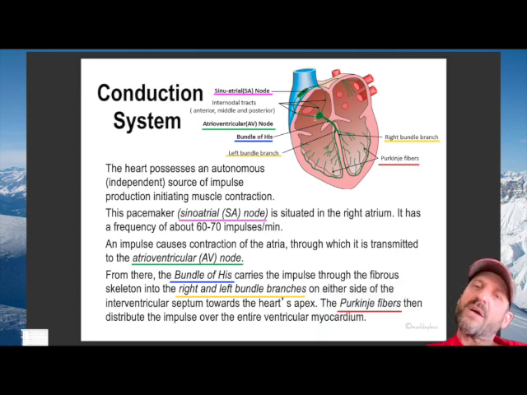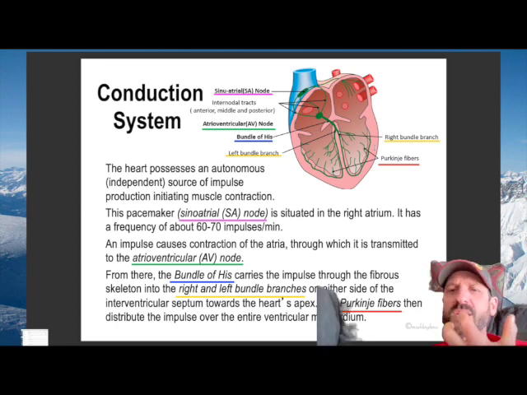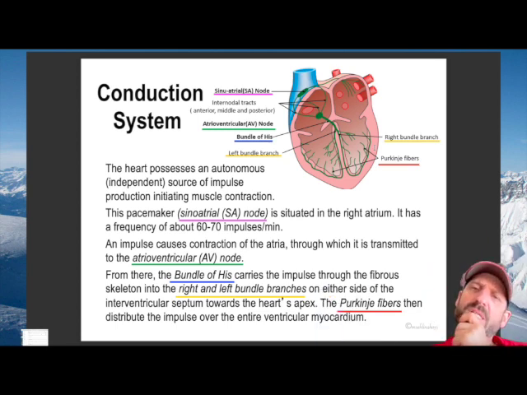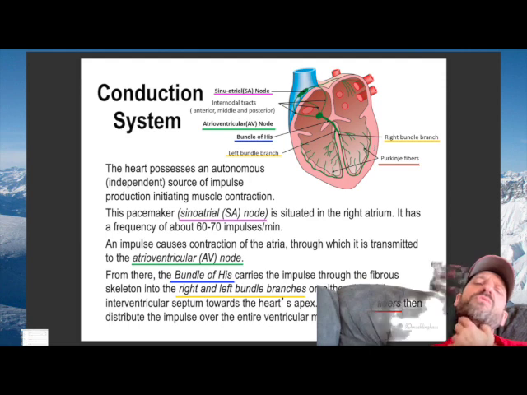And then you have a reinforcing place here where that impulse gets reinforced and then travels through the entire big chamber, and makes that big chamber contract as one unit. And so that's kind of an interesting sort of structure.